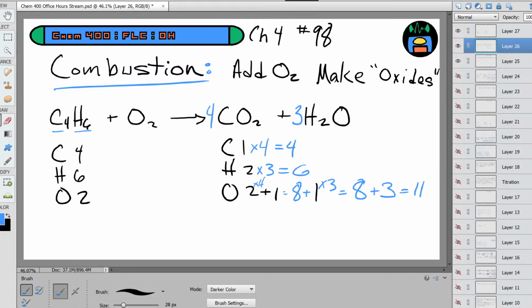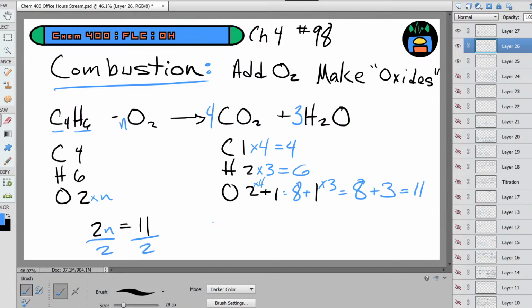Now, we're in a little bit of a pickle here because we need to multiply O2 by some number so that 2 times that number equals 11, right? That'll get the oxygens to be equal.